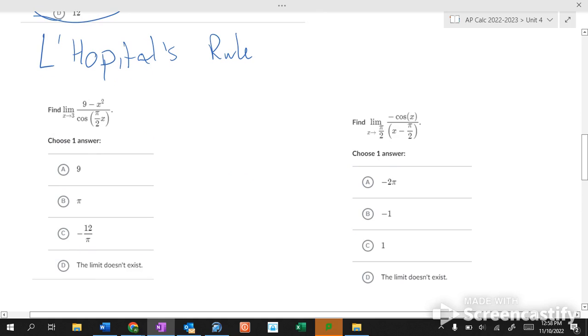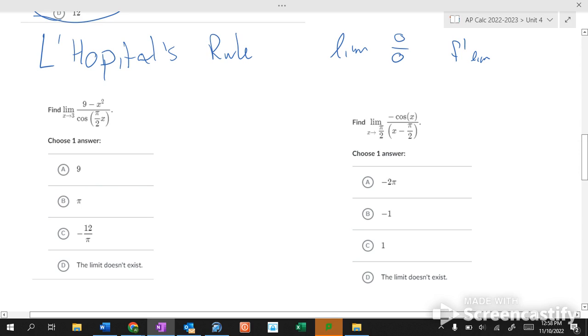L'Hopital's rule, and this is always on the AP test. There's always a couple questions on L'Hopital's rule. L'Hopital's rule says that if we have a limit that's 0 over 0, then if we take the first derivative of the limit, we can find an answer.